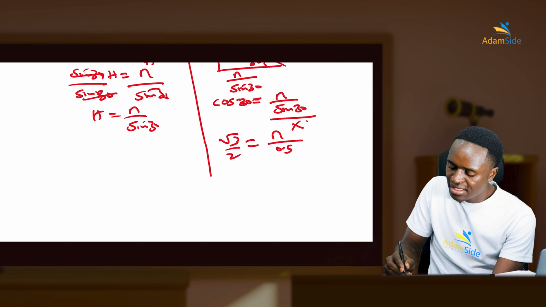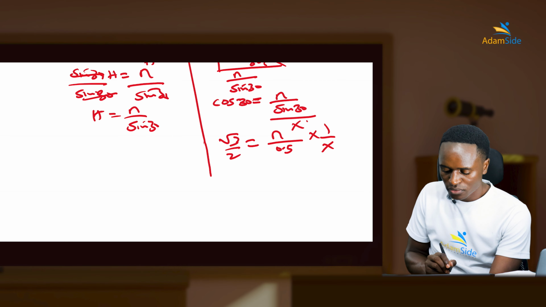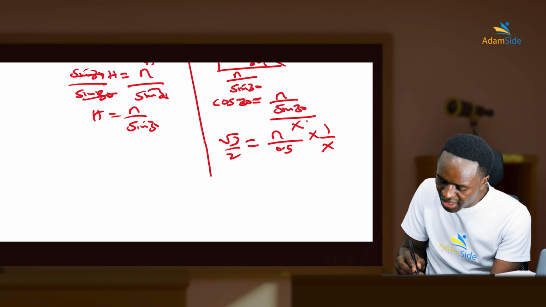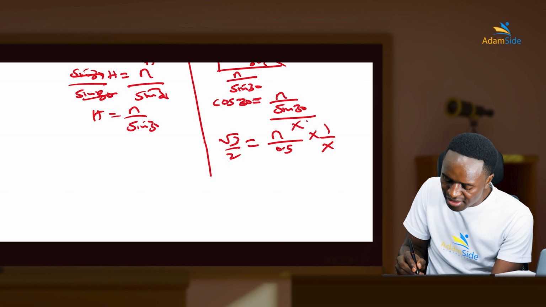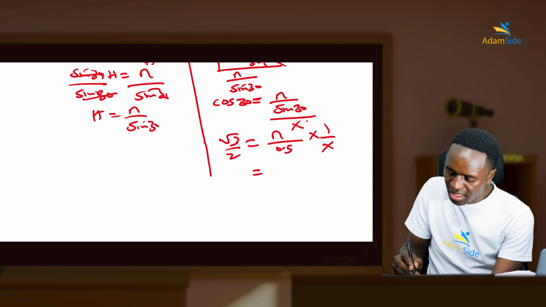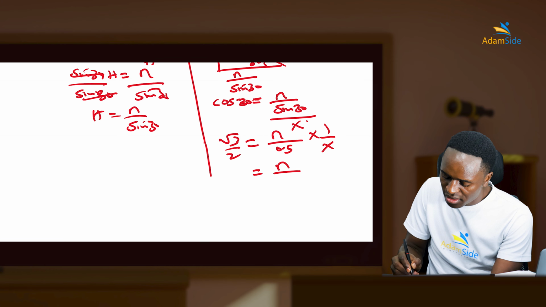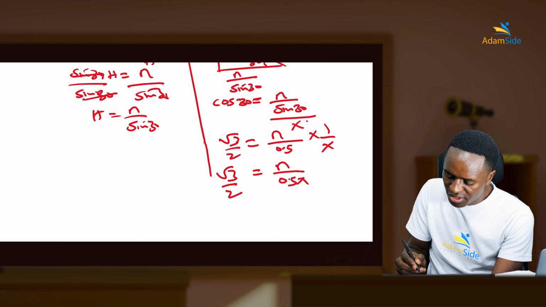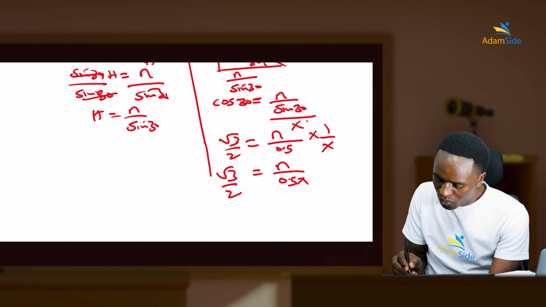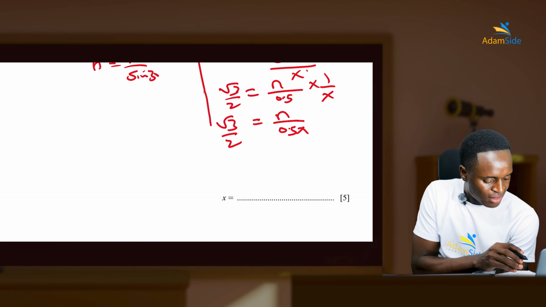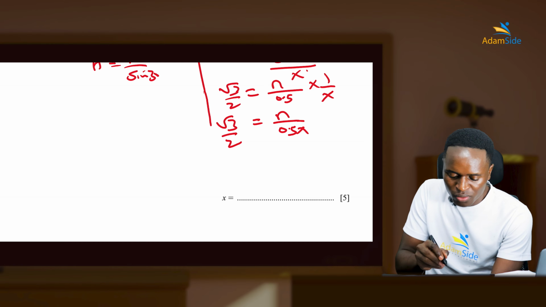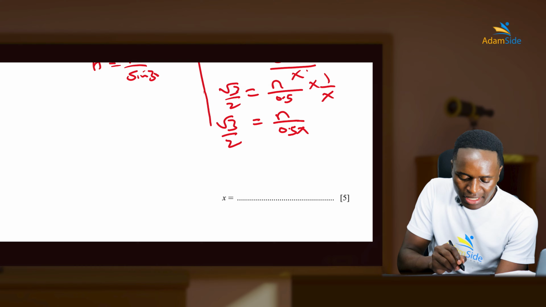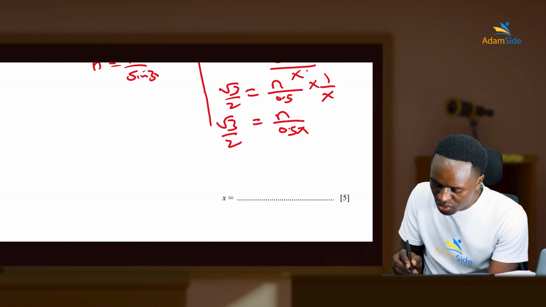If you divide by x, it's like you're multiplying by 1 over x. So you're having n over 0.5x, and then you have root 3 over 2. Now, they say write x in terms of n. So you cross multiply.